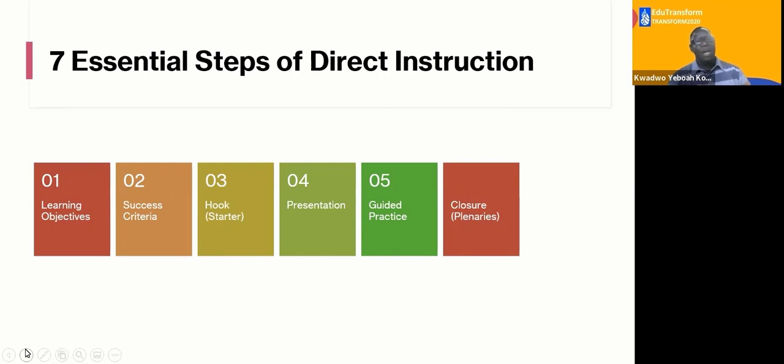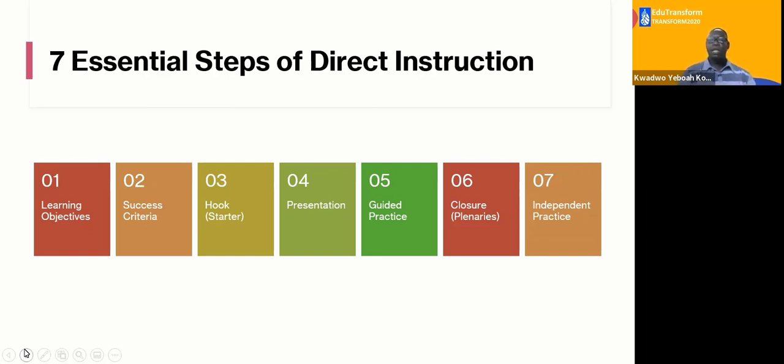Then we can have independent practice, where after the students have mastered the task and you are sure they can do the set tasks, they have the chance to work alone. And then we end with what we call the closure or plenaries.